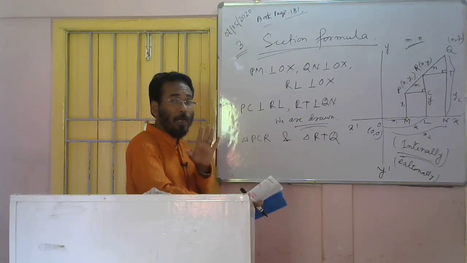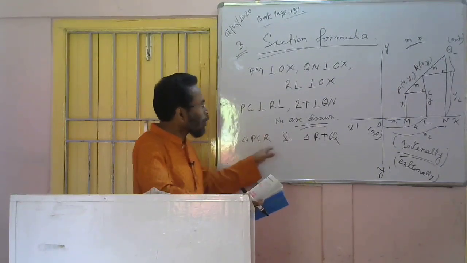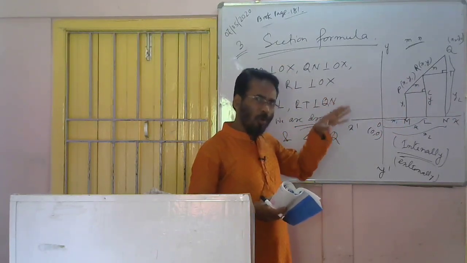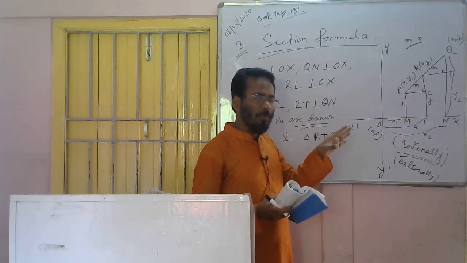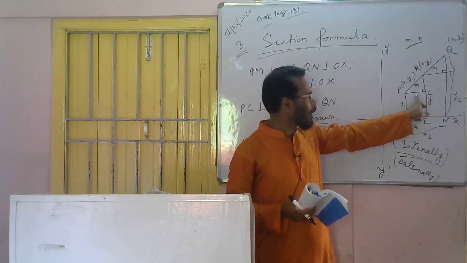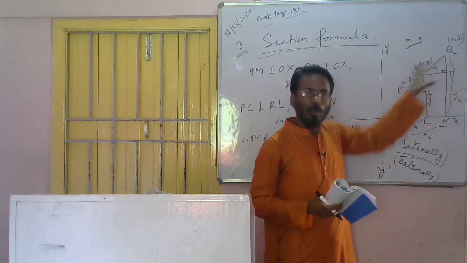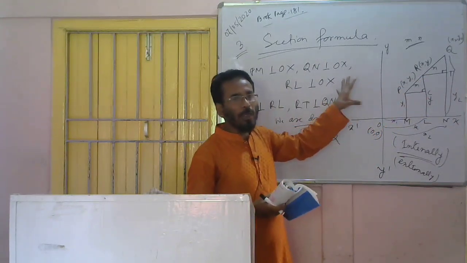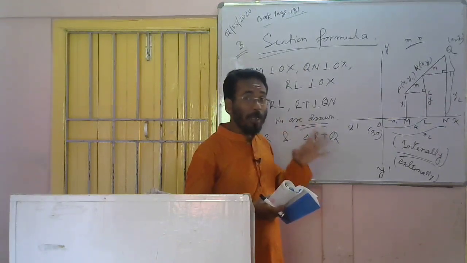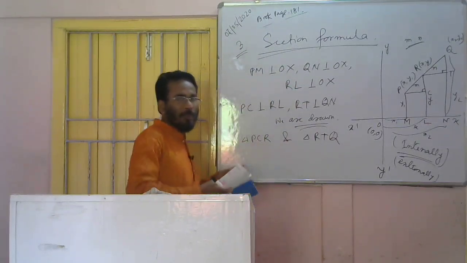And in triangles there is a theorem on similarity. Similarity means if two triangles are the same shape, whether small or big, they are similar. Suppose one triangle has sides 2 meter, 3, 4, and the other has 4, 6, 8. One triangle is large, one is small, but both are similar.